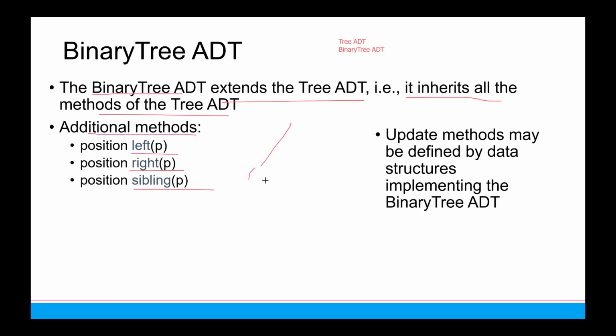Left means the left of the node, right is the right of the node, and sibling means whether this and this one are siblings, brother or sister, something like that. And then there may be other methods defined by the data structure implementing the binary tree ADT.